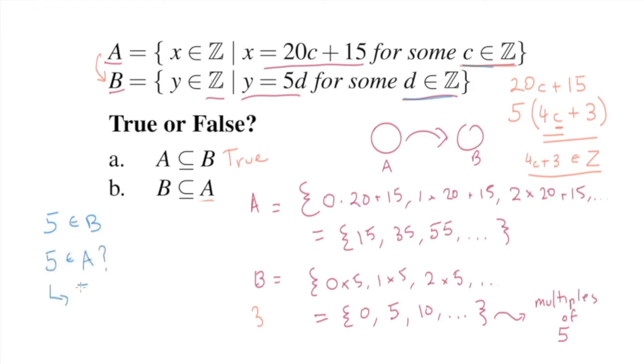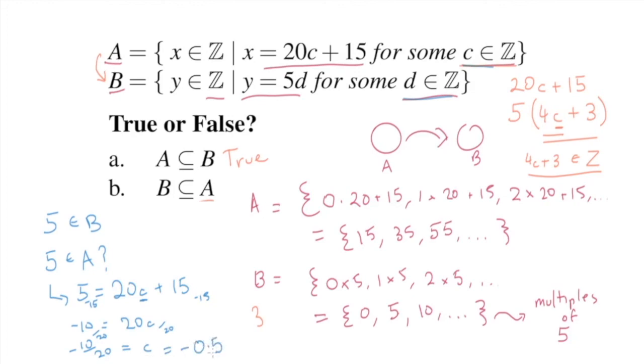Well, that means we can express it as 20c plus 15, where c is some integer. So let's play around with it. Let's subtract 15 from both sides. So we get -10 equals 20c. Okay, and let's divide both sides by 20. So we get -10 over 20 equals c. -10 over 20 is -0.5.